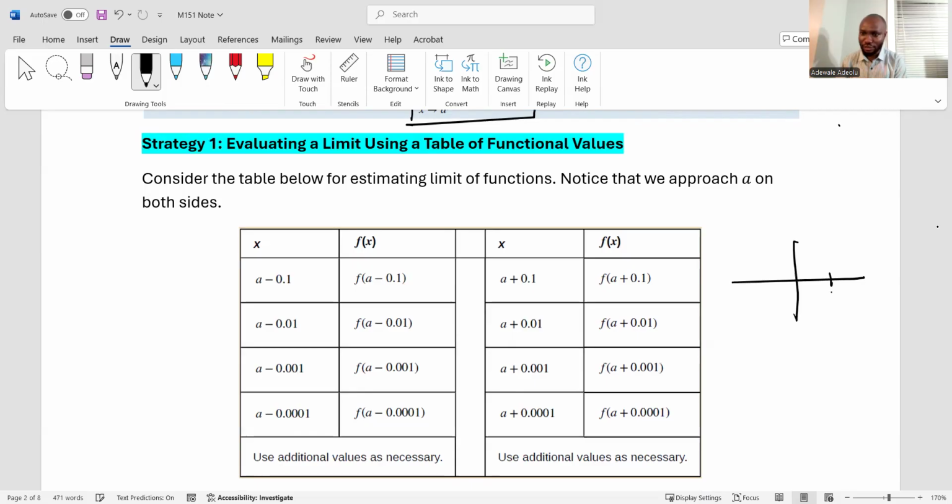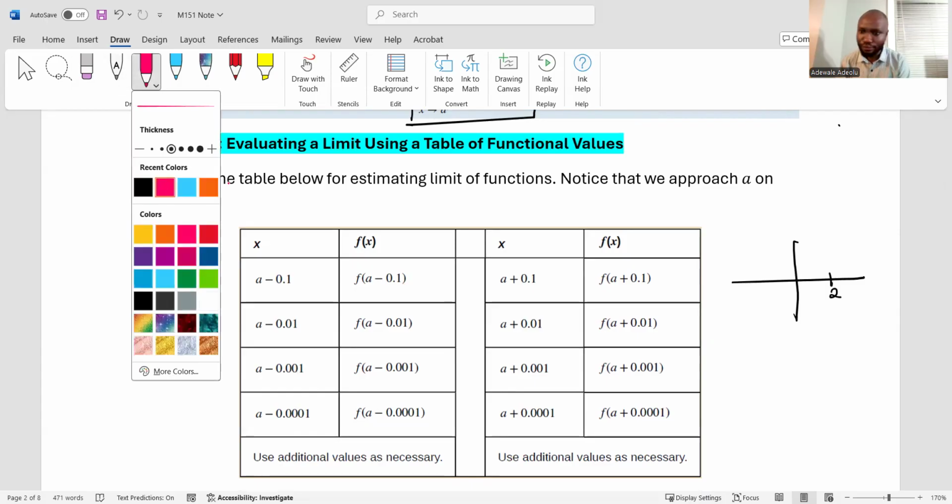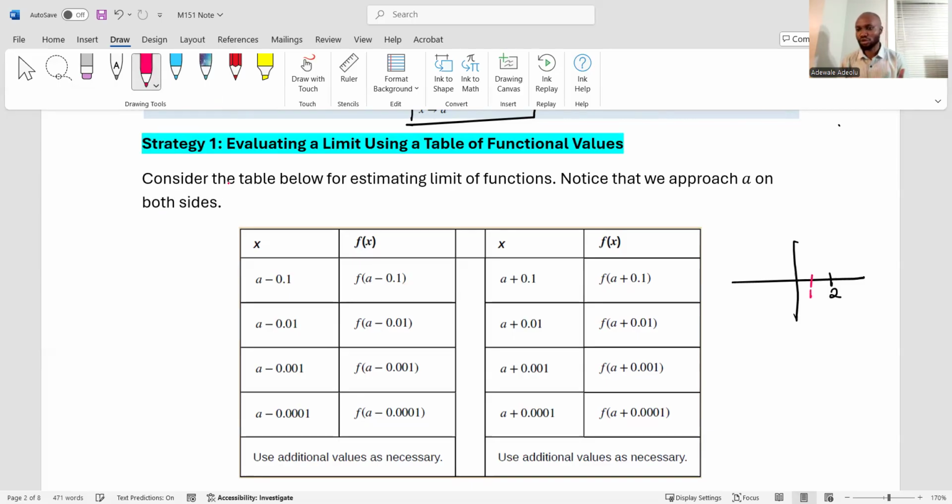So suppose we have a point here, let's say 2. So we have somewhere here, let's say 1. But 1 is too far from 2. We want something very close to 2. So on this side, we can consider something very close, say 1.9. 1.9 is close to 2.